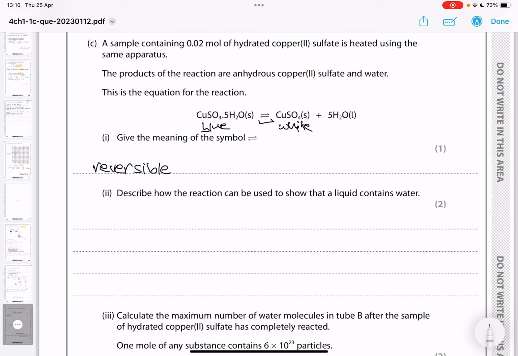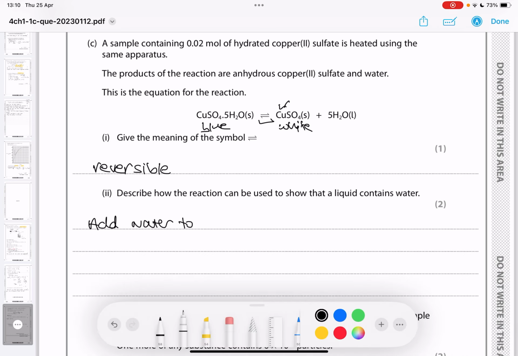So the test that we did before, where we measured the boiling point of water, that was a physical test. This is an example of a chemical test. And what you can do is you add water to anhydrous copper 2 sulfate, because there's no water. That's anhydrous, and this is hydrated because there is water.